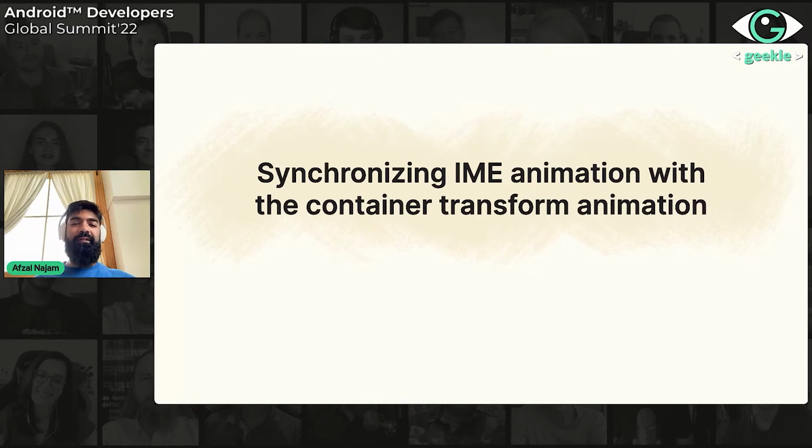On API 30 plus, we also wanted to control the keyboard animation because on older APIs, what would happen is the keyboard might show up too early. I don't know why, but it might happen. And so we want to control the keyboard duration as well. And that's available to do on API 30 plus.